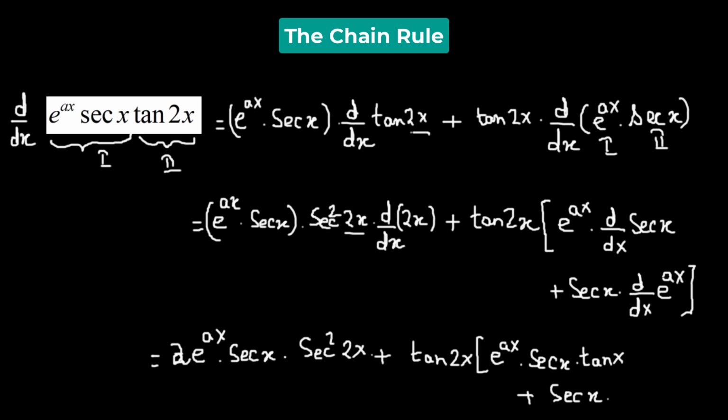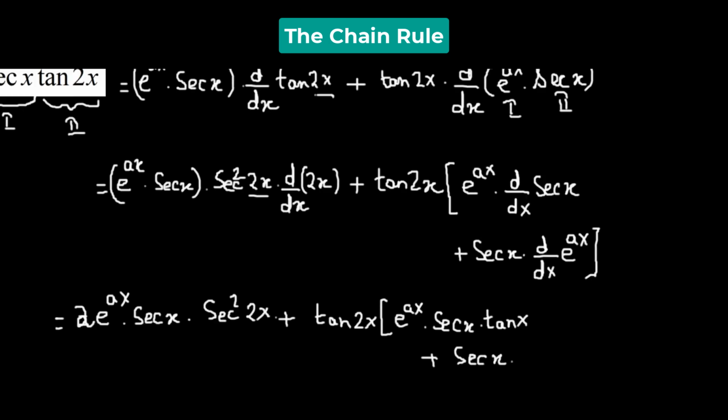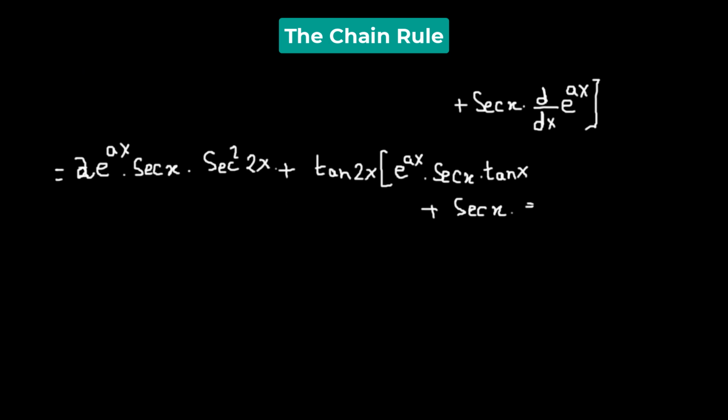So here we're going to assume that ax is actually x, then that should give us the function itself, e raised to the power of ax, but since it's an assumption, we need to multiply it to the derivative of ax.